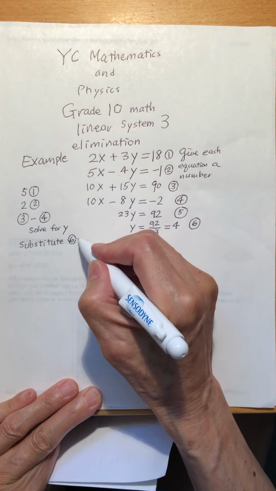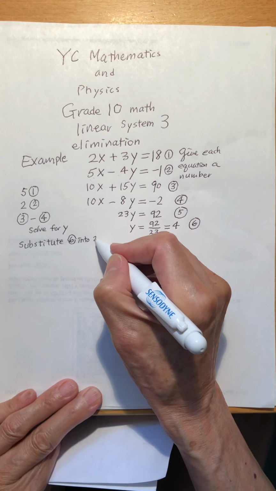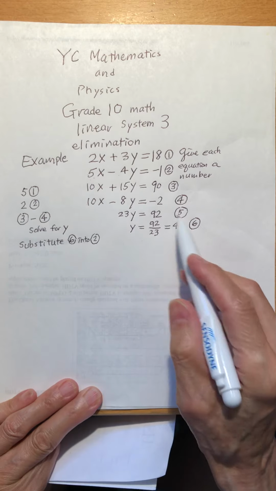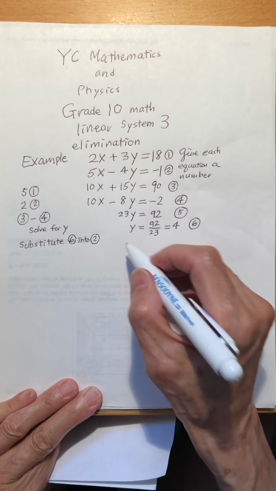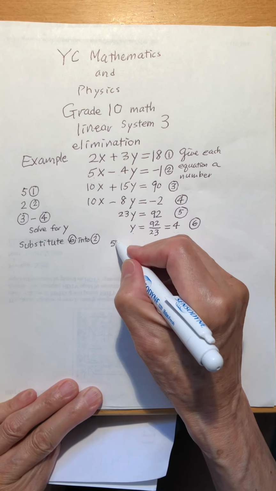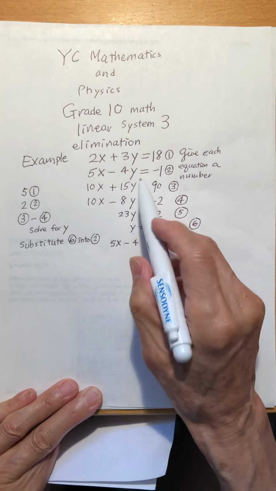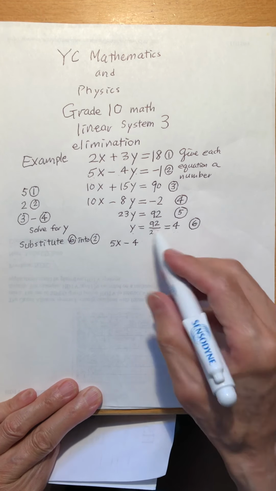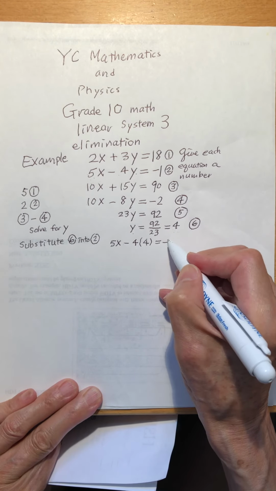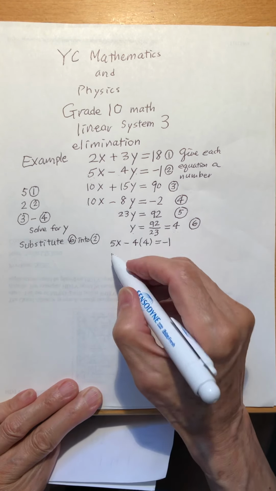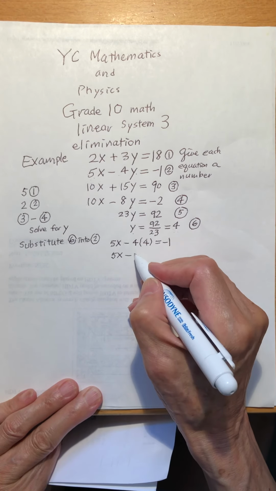So I just substitute 6 into 2. So what do I get? So y is 4, 5x minus 4, because my y is 4 here, so 4 times 4 equals -1.